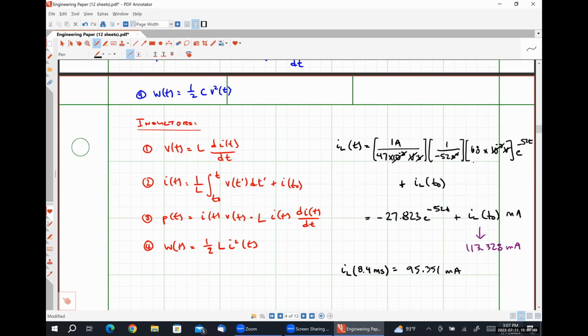So 68 over 47 times negative 52, 27.823, e to the negative 52 times 0.0084, plus... yep, 95.351.